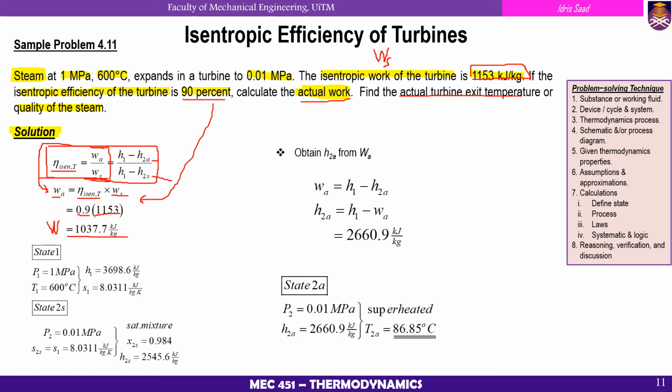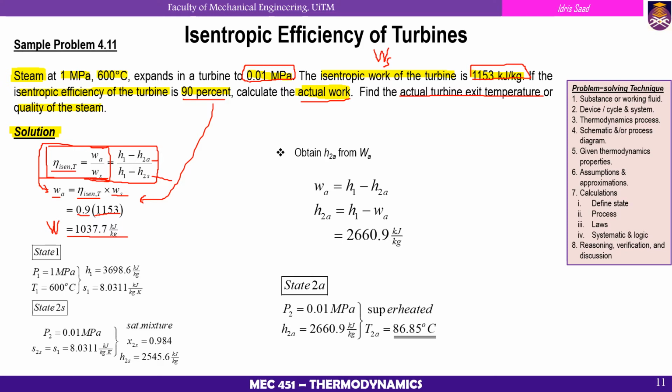Next, the question asks us to determine the actual turbine exit temperature. This is basically the properties of pure substances, similar to what we defined in chapter 2. We need two intensive properties at state number 2. If you look at this question, we only have one property at state number 2, which is the pressure.